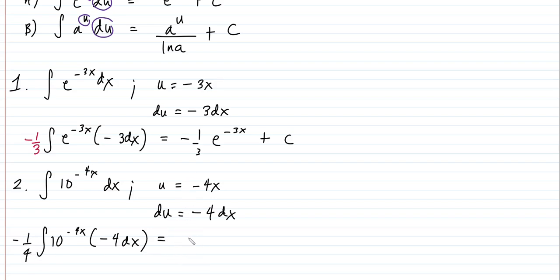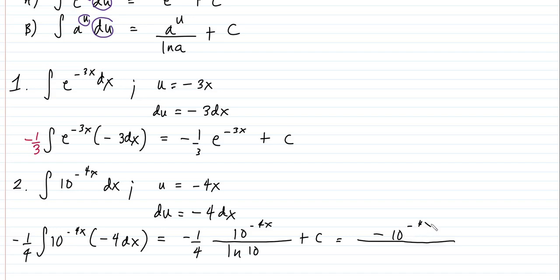So apply the formula, write the balancing factor first, and then write a raised to u, 10 raised to negative 4x, all over ln a, that is the natural logarithm of 10, and then add plus c. You can rewrite this as negative 10 raised to negative 4x over 4 times the natural logarithm of 10, plus c.